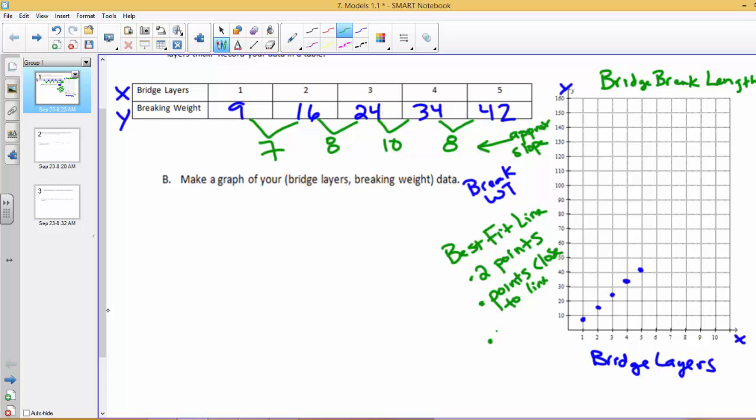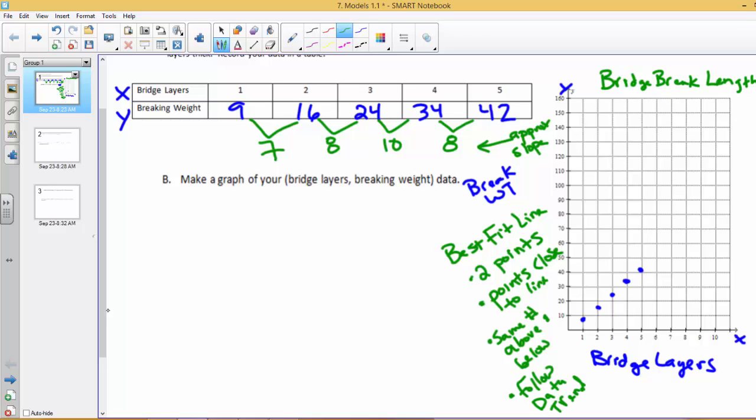You want about the same number above and below. And it has to follow the trend of your data, like the pattern.